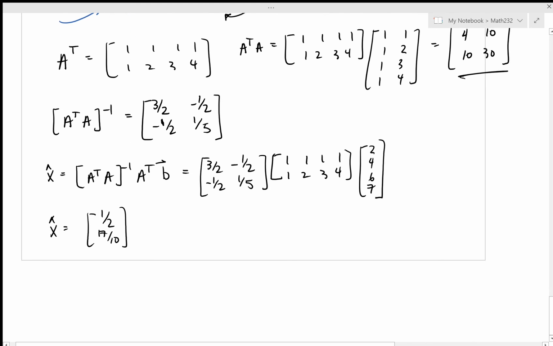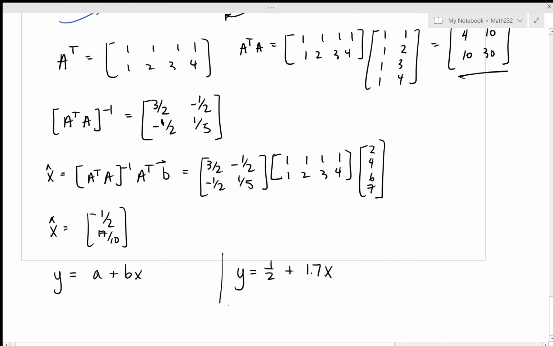So then I conclude that I had y equals a plus bx. So I conclude that the best line through that data is y equals 1 half plus 1.7x. None of the data points fit exactly onto the line, but it minimizes the least squares error, the sum of the squares of all the errors from each of the data points to the line of best fit.